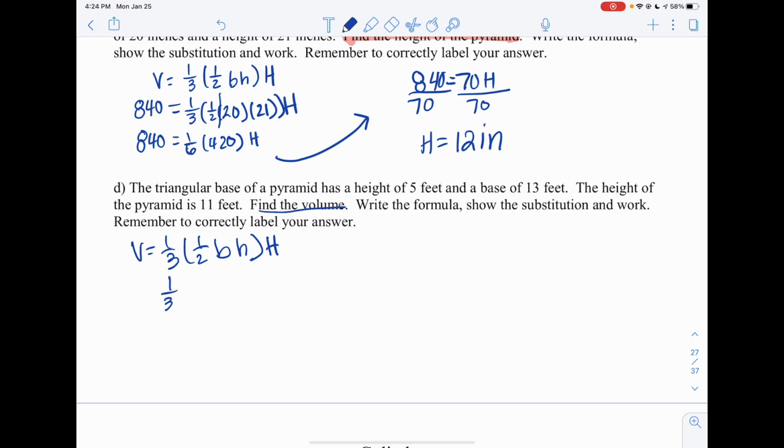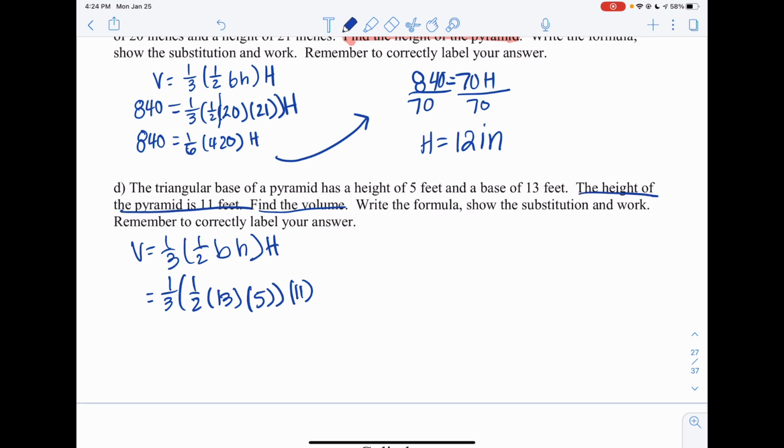Okay, bringing down my fractions, I'm going to substitute the lowercase b with 13. Okay, then the height, which is 5, of that triangular base, and then the uppercase H is going to be represented by 11 because it says the height of the pyramid is 11 feet.